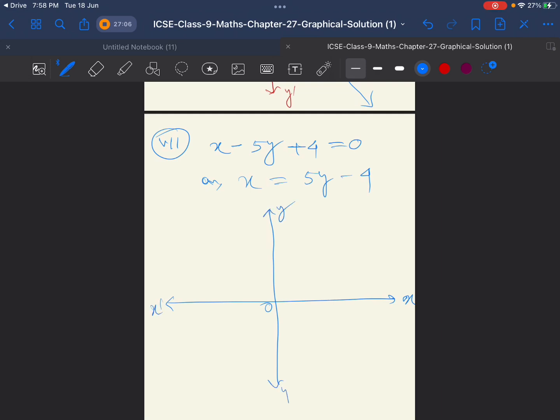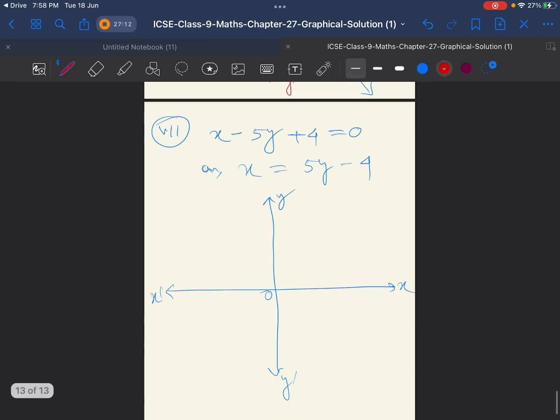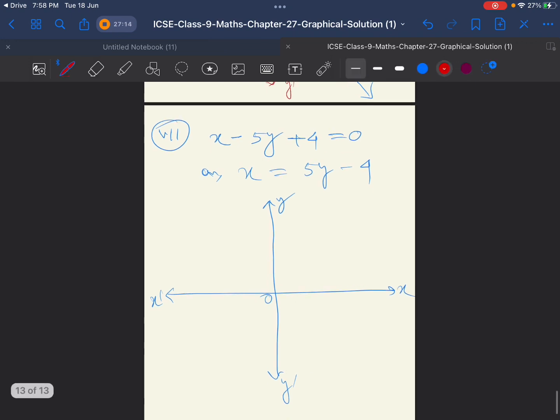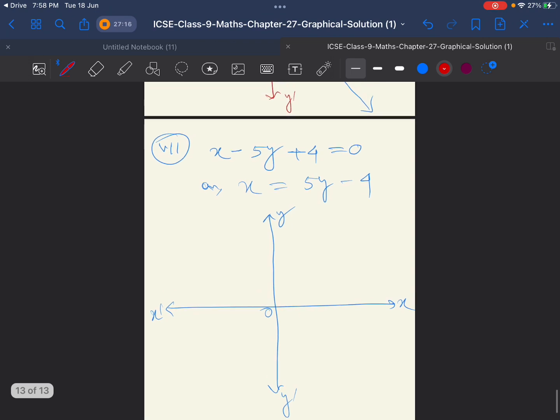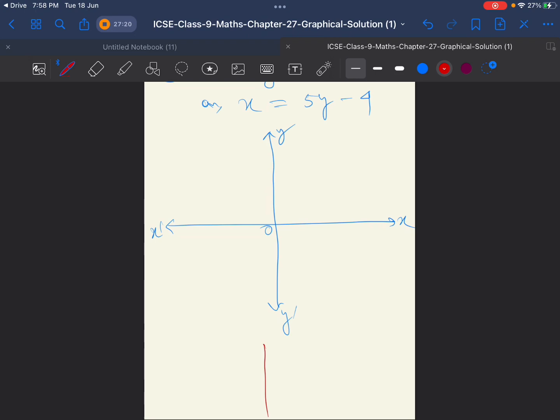Okay, now we draw a graph XOX', YOY'. Okay, so here we make a table, x and y.